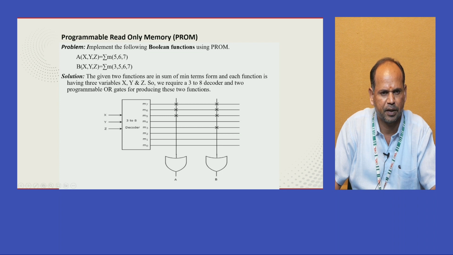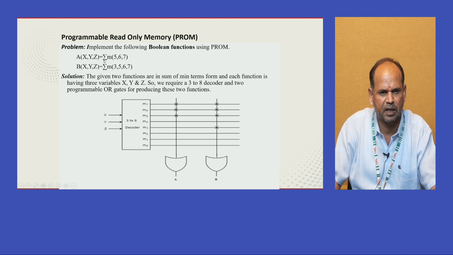And here the outputs are A and B. See, these two outputs A and B are connected with the OR gates, the programmable OR gates, whereas here there are fixed AND gates only. Now indicate the intact fuse with the given min terms.